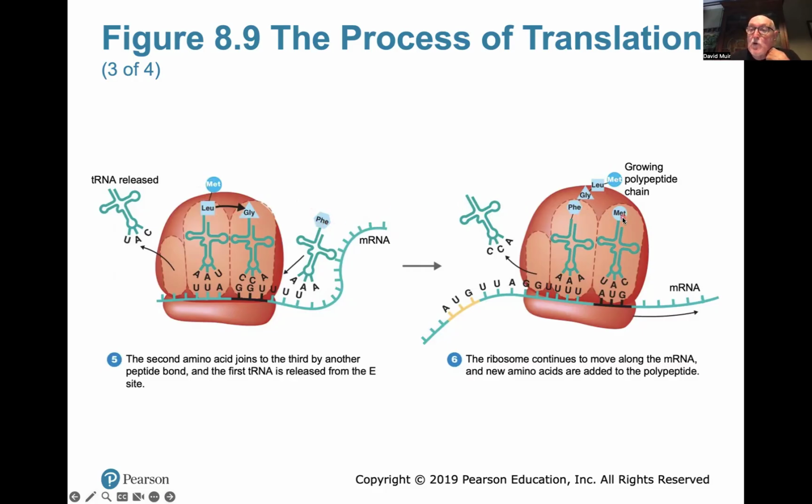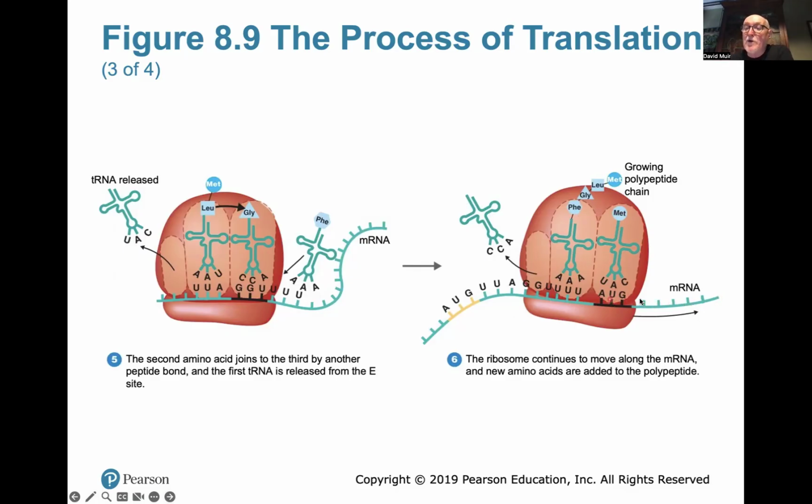Whenever a new one is placed in the A site, the chain breaks and is bonded here. And that joining there, the enzymes that do that are ribosomal enzymes. They are ribozymes. It's RNA acting as an enzyme, and they are forming peptide bonds between the amino acids. And they're doing so in a specific order.